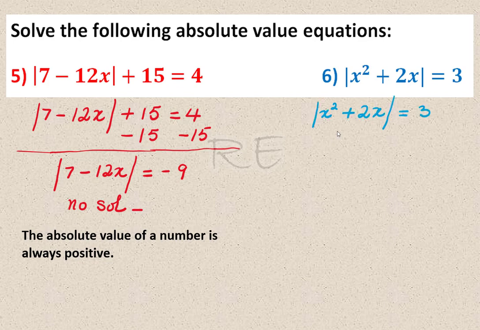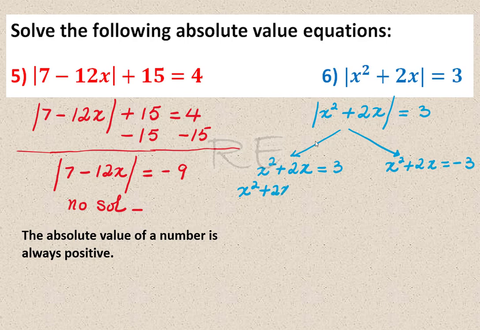The absolute value of x squared plus 2x is equal to 3. Two cases: x squared plus 2x equal to 3, or x squared plus 2x is equal to negative 3. X squared plus 2x equal to 3. We subtract 3 from both sides. It becomes x squared plus 2x minus 3 is equal to 0.